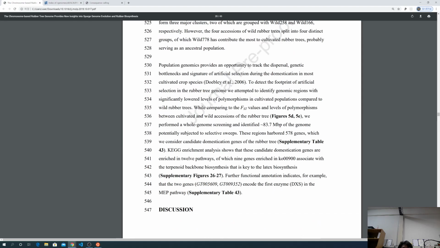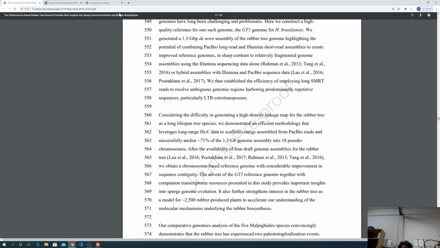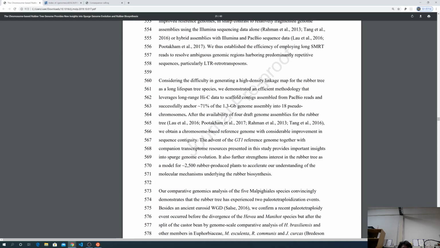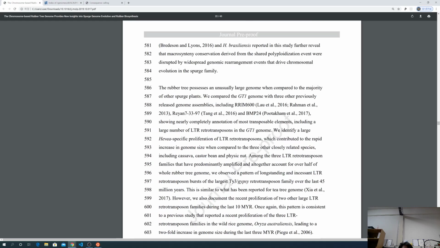Because this pathway is not always participating in latex biosynthesis. Maybe they don't have any role in latex biosynthesis. They just take everything, their result, and they want to paste their result into the context of latex producing. I don't know.